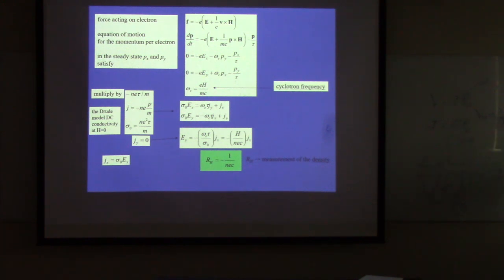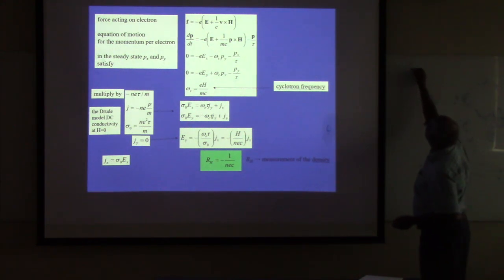But to make this one, you need to have a magnetic field, right? Otherwise you don't have xy, because to make charges move sideways, you need a magnetic field. You don't get rho xy if the magnetic field is 0, right? But rho xx is always there if you have resistance. So please remember these quantities, rho xx and rho xy.